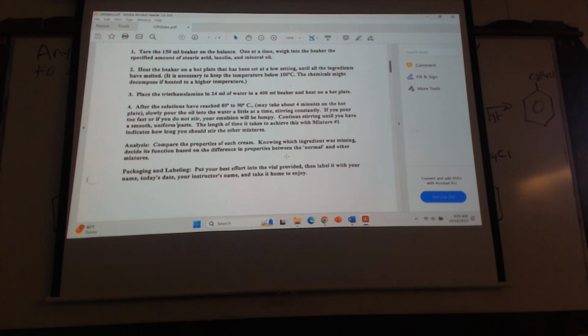And then what happens is you take, remember there's 2 beakers on those hot plates. And then it just says after the solutions have reached 80 to 90 degrees, okay, but we've done that already, okay, slowly pour the oil into the water a little at a time, stirring continuously.